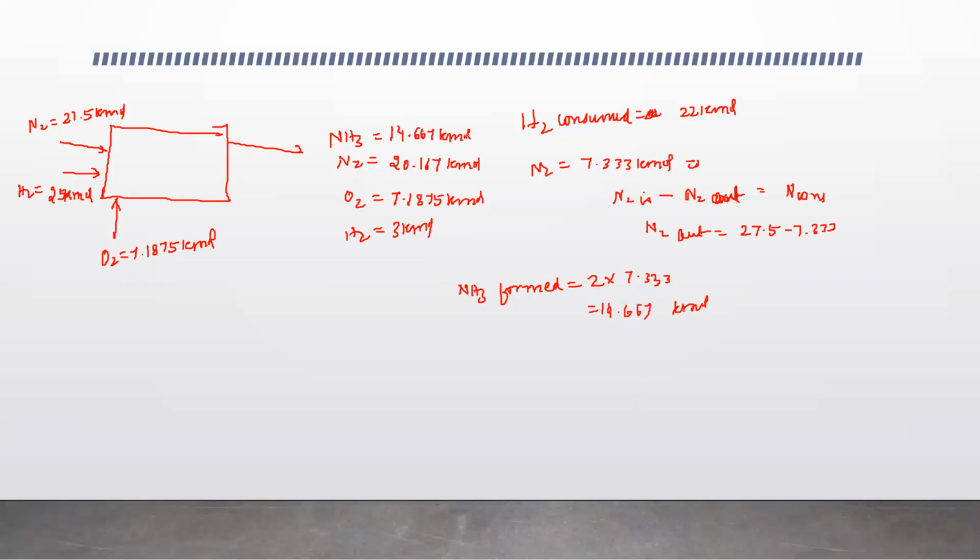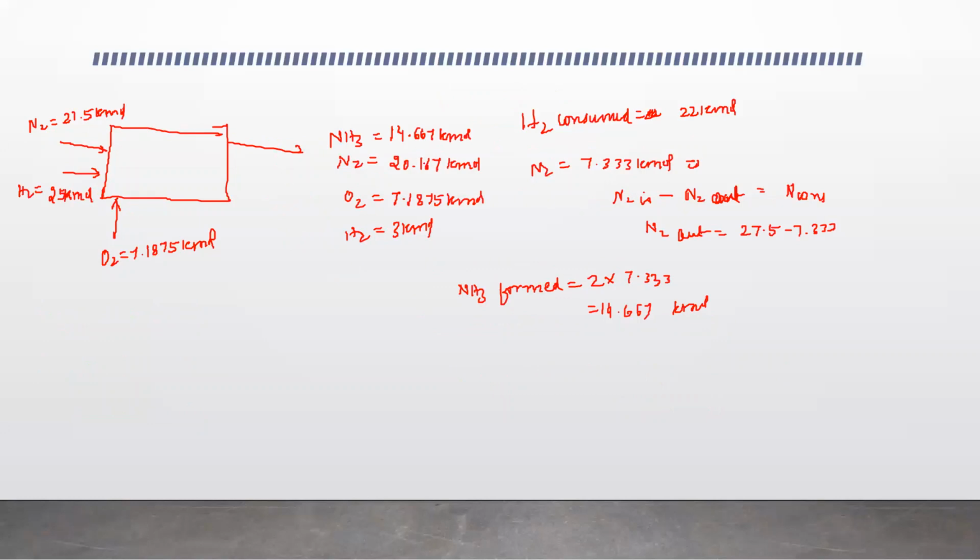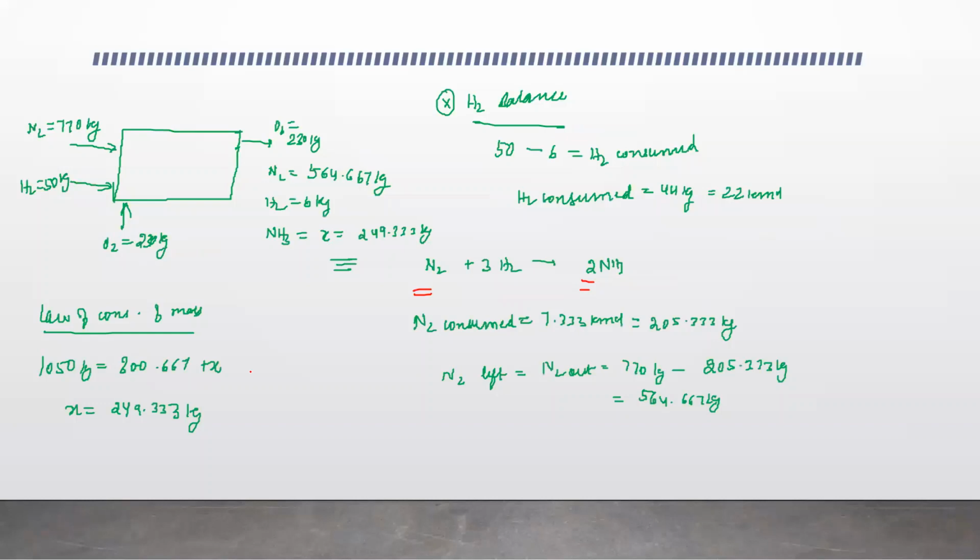All right. So when you multiply this by the molecular weight of ammonia, 14 plus 3, 17, this is going to be 249.322 kg.